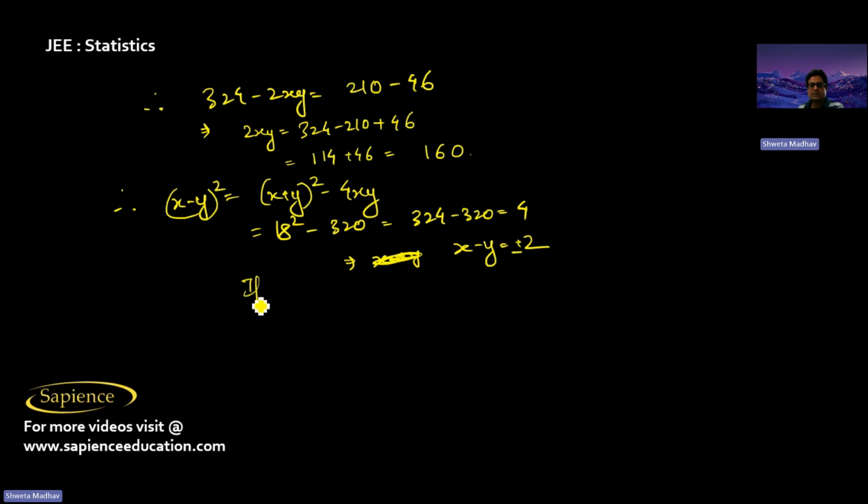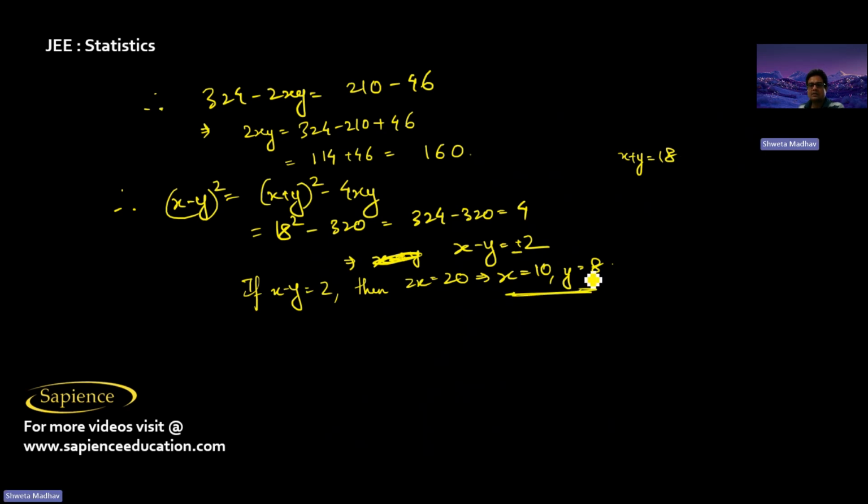Now, if I take x minus y as 2, and x plus y we have found is 18, then 2x will be equal to 20, then x will be equal to 10, and y will be equal to 8. But if I take x minus y as minus 2, then 2x will be equal to 16, then x will be 8 and y will be 10.